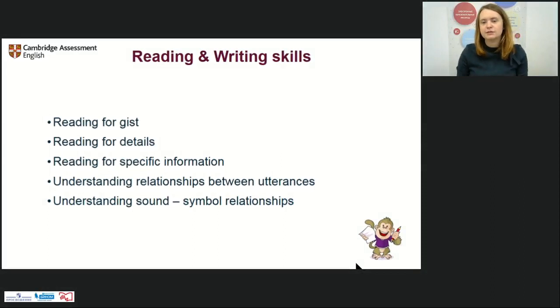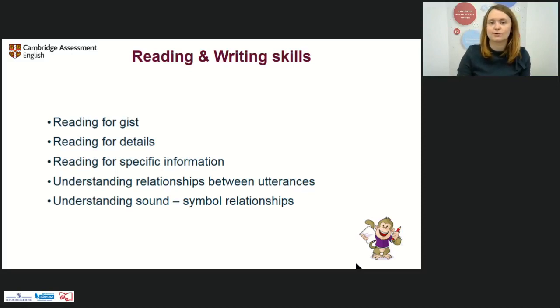If we speak about reading and writing, why do I have reading and writing combined here? Because for the exams, this part is given as one, but we're not going to talk about writing today, just the reading and the skills that we need for reading. So it's going to be, again, reading for gist and details, specific information, understanding relationships between utterances, important for functional language, and understanding sound symbol relationships.